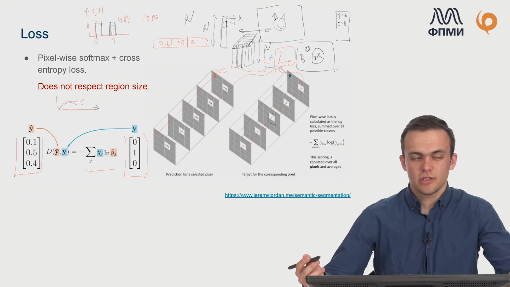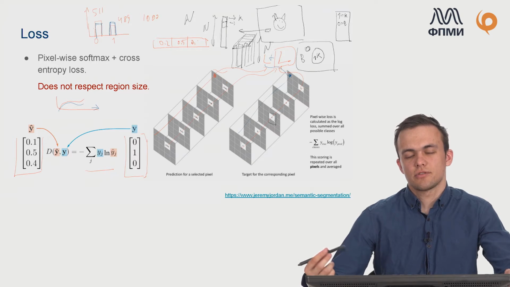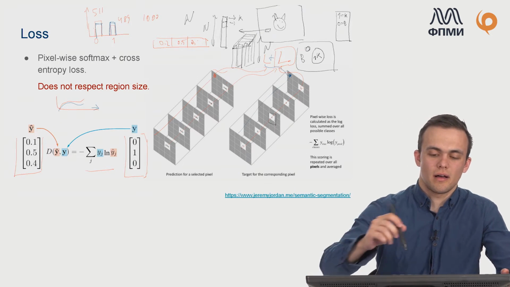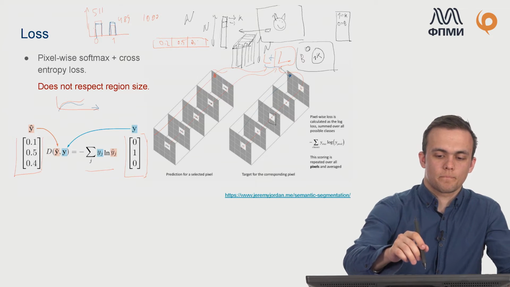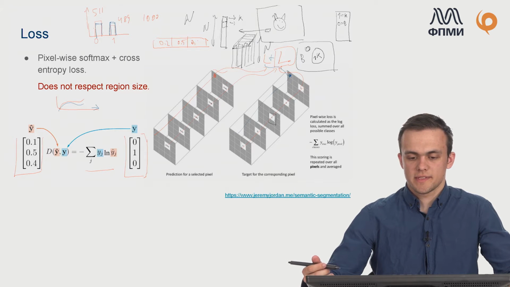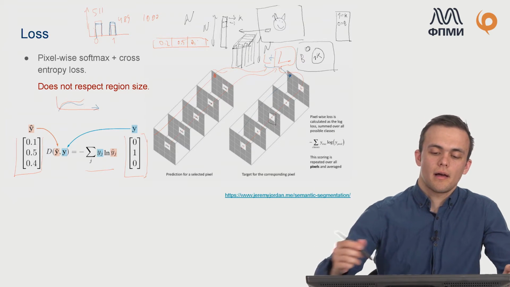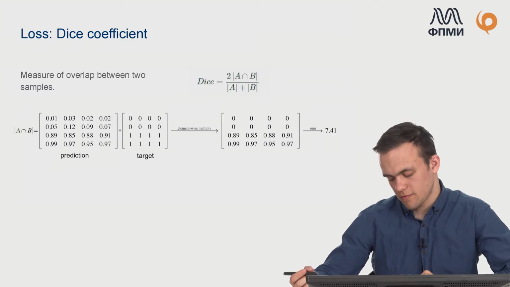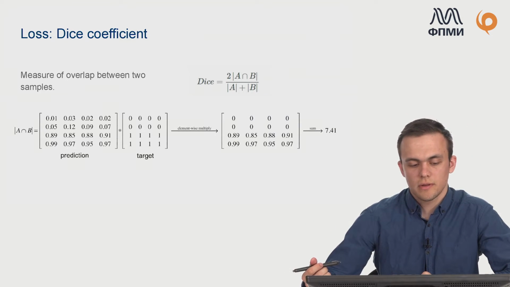And in order to express this intuition about objects count and about the size of objects that you're segmenting, that you're classifying, there is another way of evaluating the model.